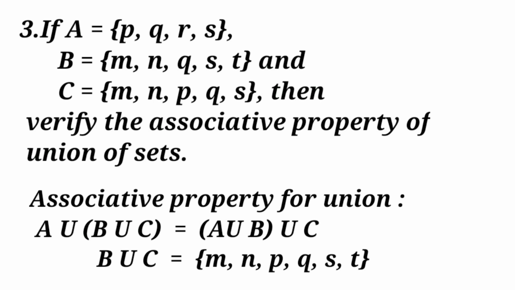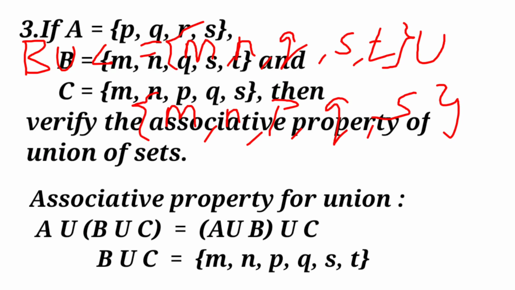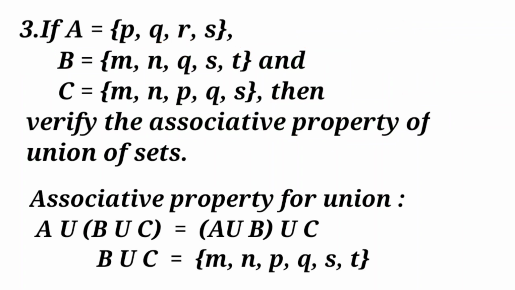First step, B union C. B union C is equal to {M, N, Q, S, T} union {M, N, P, Q, S}. Therefore B union C is equal to {M, N, P, Q, S, T}.